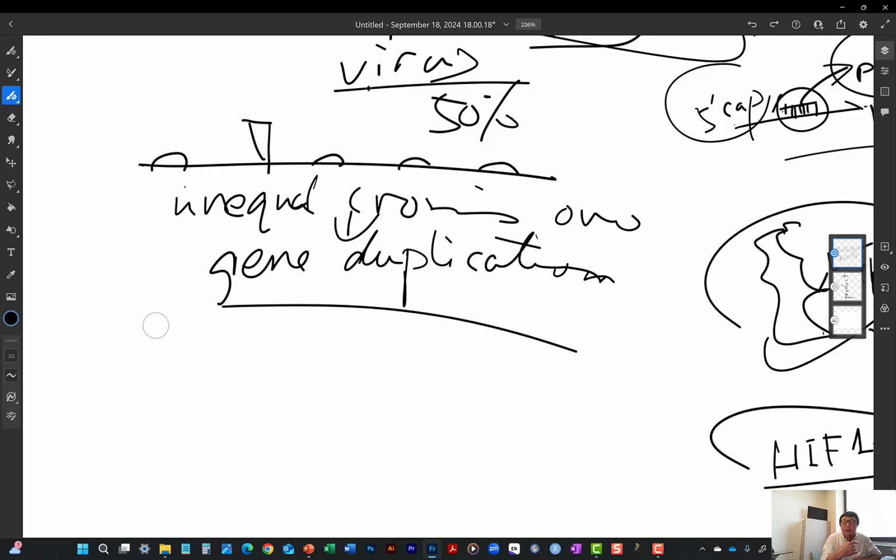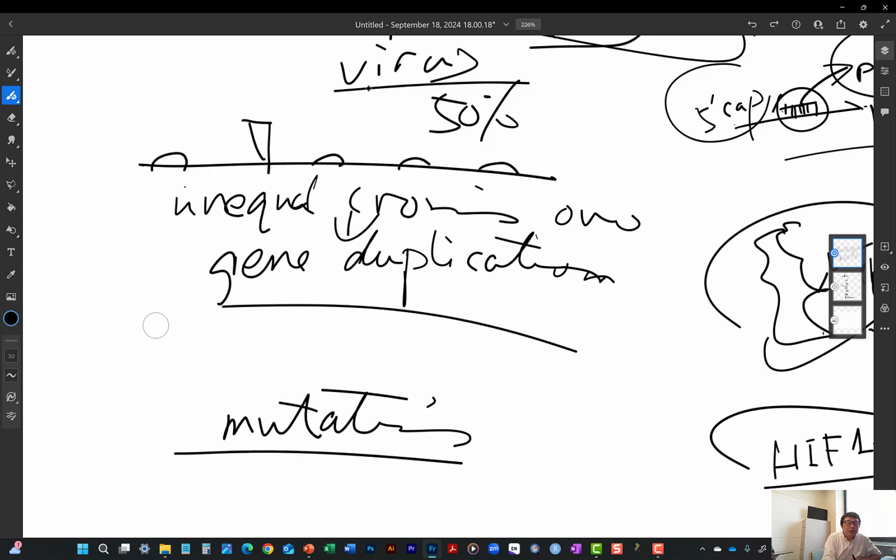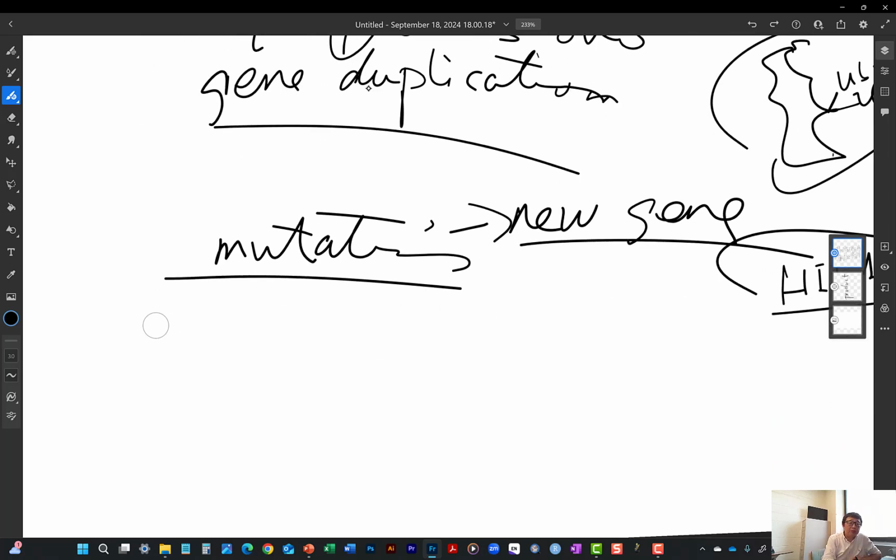One gene can be in charge of the old function of this gene, and the other gene can accumulate more DNA mutations. At the beginning, the DNA mutation will lead to nothing. But when you accumulate more mutations, a new gene may arise with a new function. This is a major way the human genome can evolve to have more and more new genes. In fact, most of our genes that currently exist in the human genome are in families. All of those families are the consequence of gene duplication.